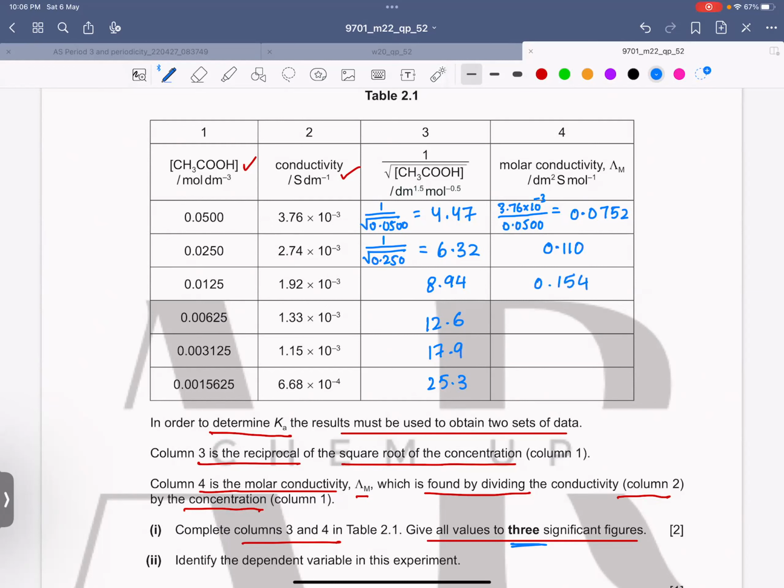Okay, next one. 0.213. Next value, please. 0.368. Last value, please. 0.438.